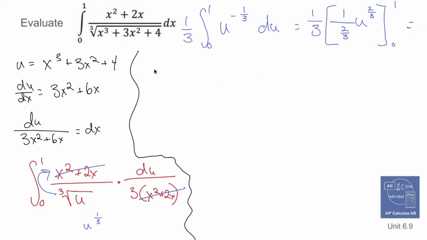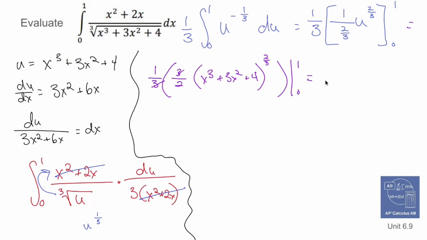All right, 1/3 is still out there. 1 over 2/3 is 3/2. That'll be nice because those cancel out. I'm going to plug that back in for u. So that's going to be x cubed plus 3x squared plus 4, and that's still going to be to the 2/3, with my limits of 1 and 0.